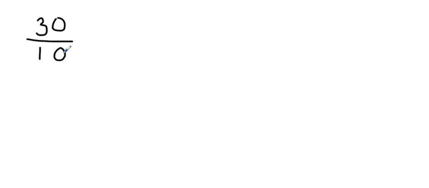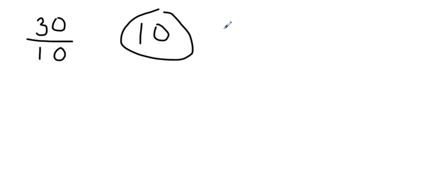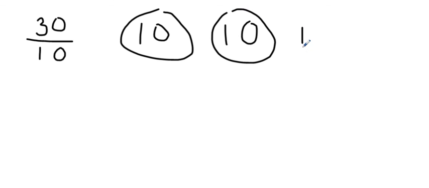So I'm thinking about, in order to have a whole with this fraction, I need 10. Now I'm thinking, how many lots of 10 can I get out of my numerator? So if we count in tens, and we're going to stop at 30, so we've got 10, okay, that will be one whole. And then we've got 20, so that would be another lot of 10, that would give me 2 wholes. And then we've got another lot of 10, which is 30.